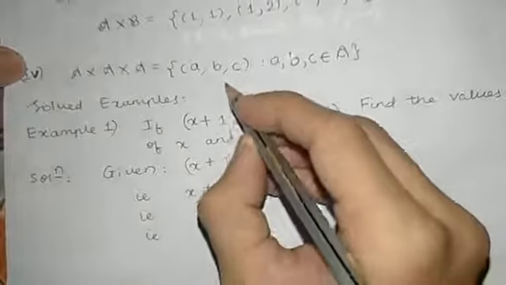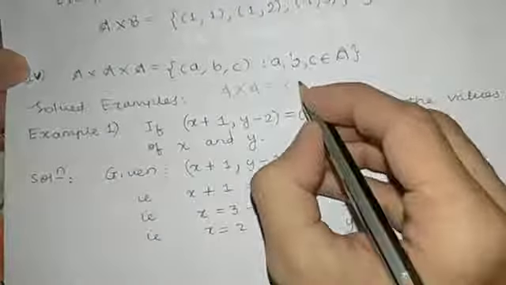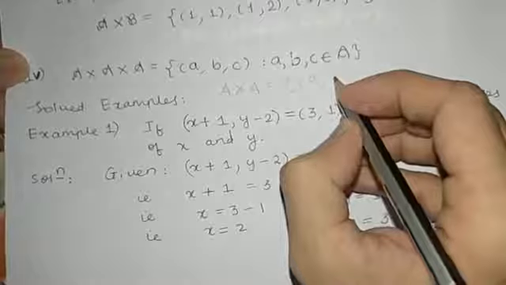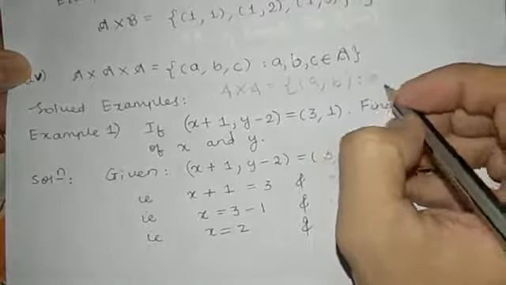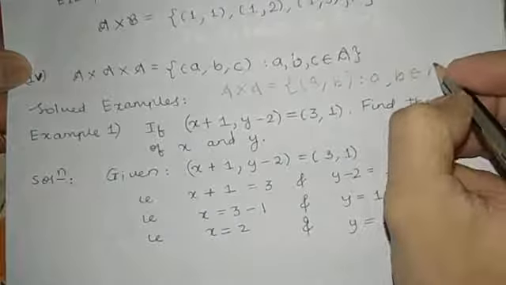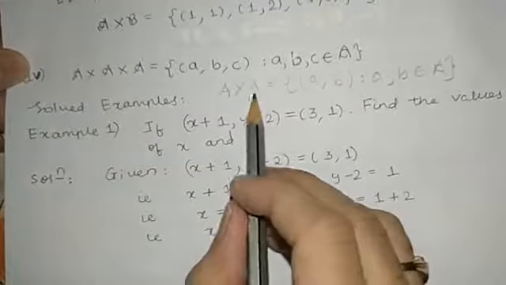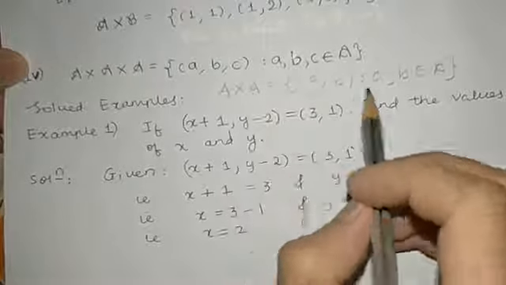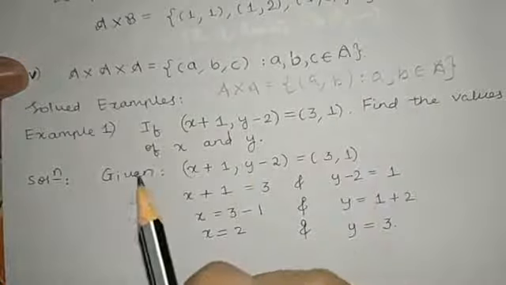Suppose we have A cross A, then we would have got (a, b) such that both a and b belong to A, if we had taken the set B as A here.